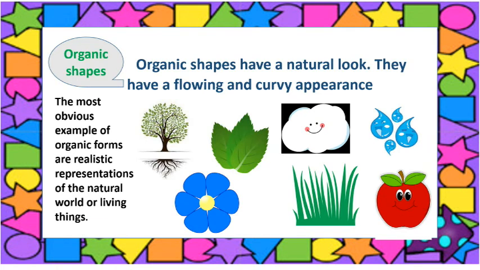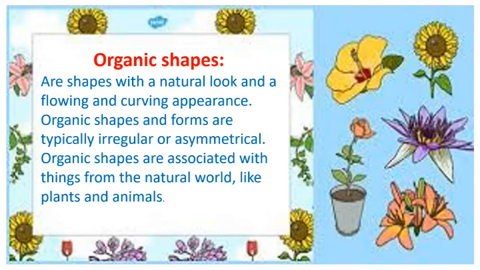The most obvious examples of organic forms are realistic representations of the natural world or living things. Organic shapes are shapes with a natural look and a flowing and curving appearance.